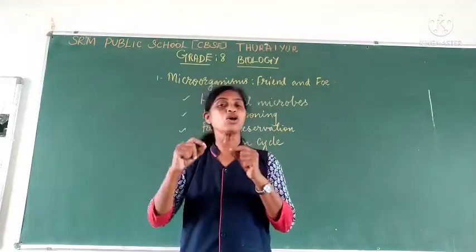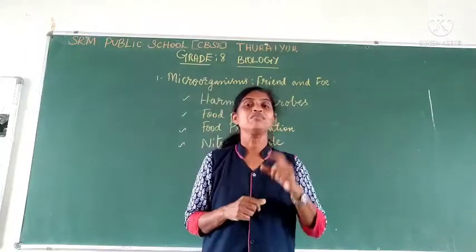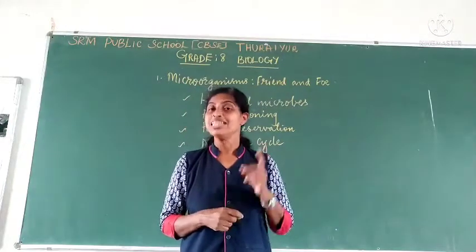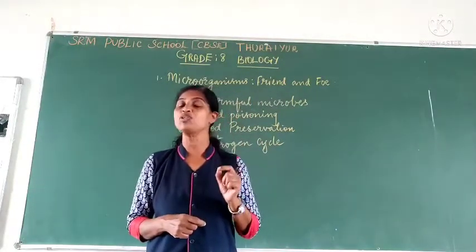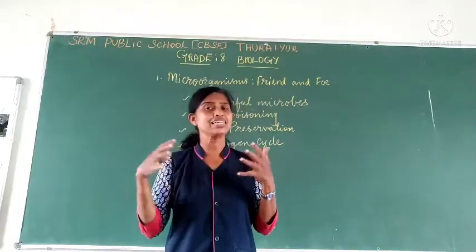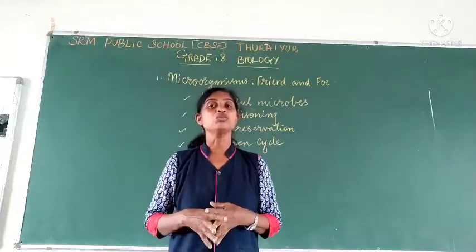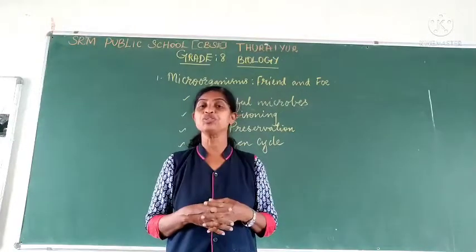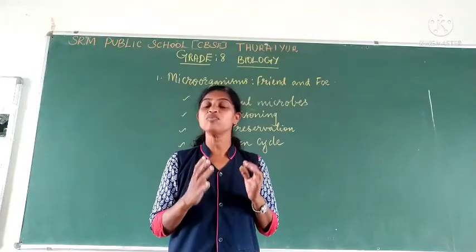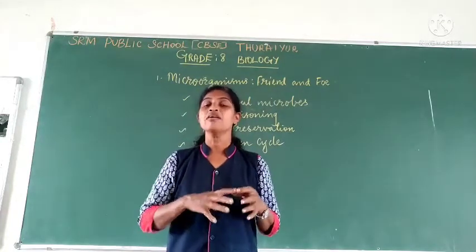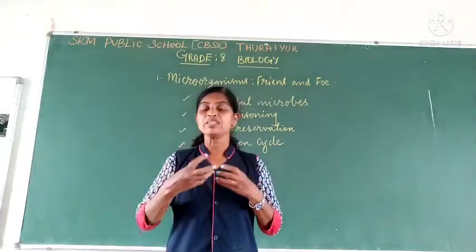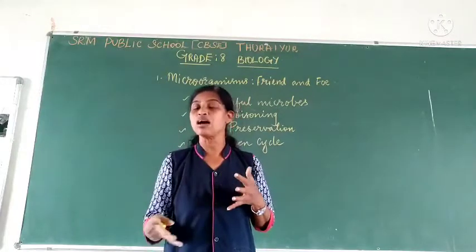What is the causative agent for this disease? A bacterium. It is Mycobacterium tuberculosis. Very good, children. Then how does it spread? Through the air. Very good. If a person infected with this bacteria speaks or coughs, droplets come out.